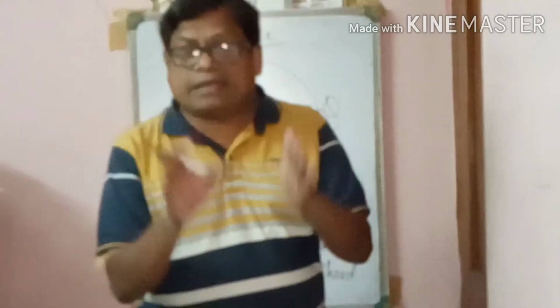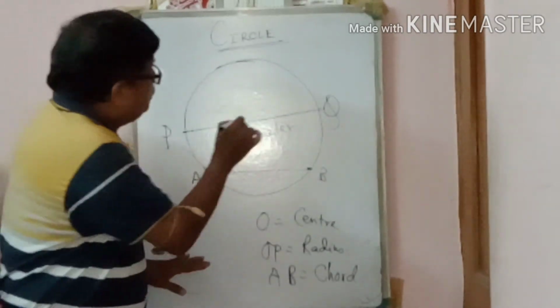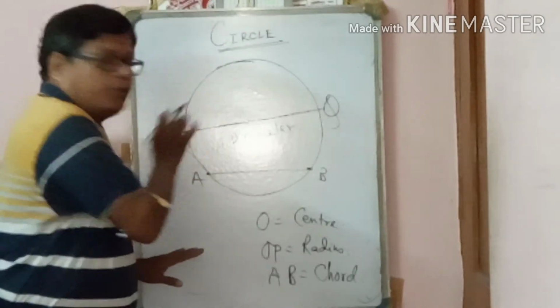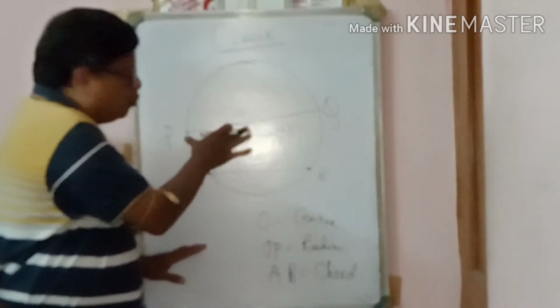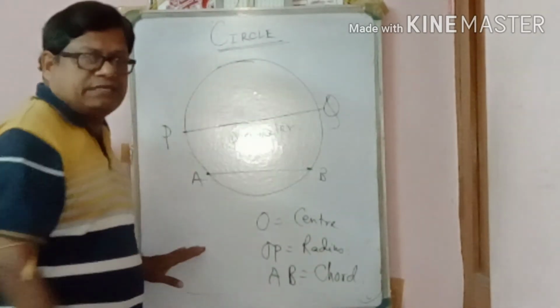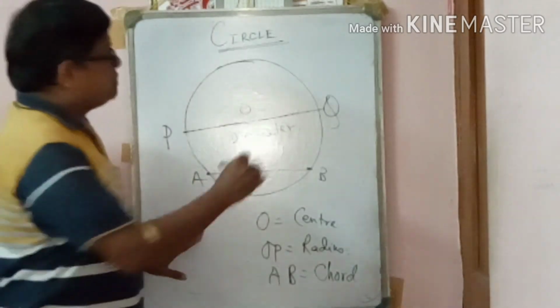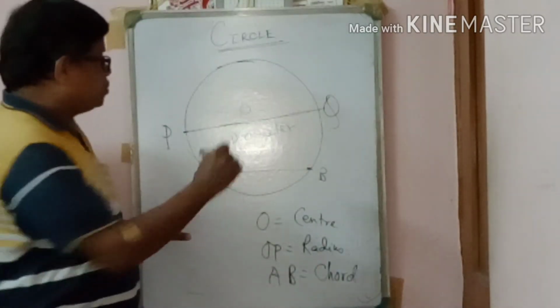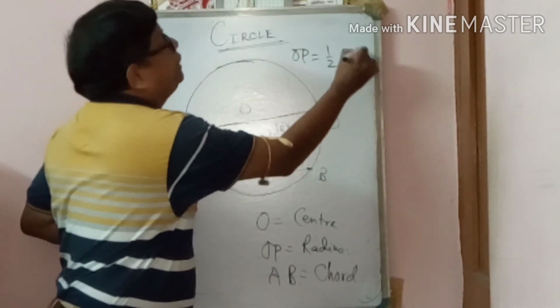Now, what is the relation between radius and diameter? Okay, so you look at here. This is a fixed point. This is O, this is the center. So this is OP radius. This also is OP radius. Radius is half of the diameter. The radius is denoted by the symbol R. So OP equals half of PQ.